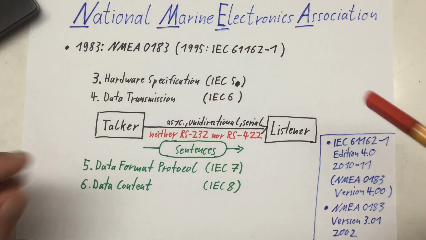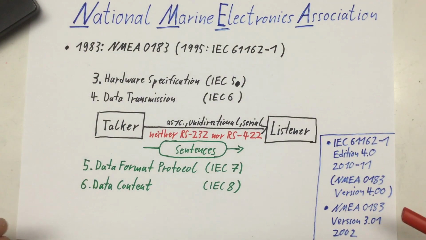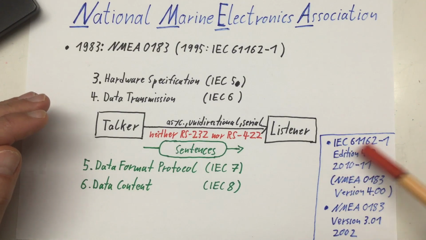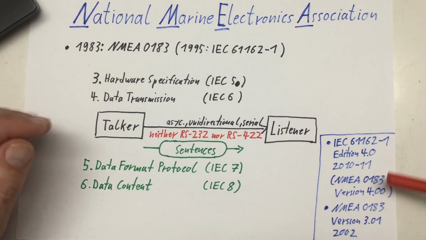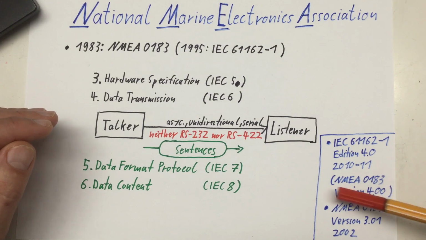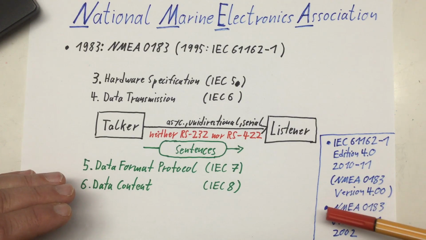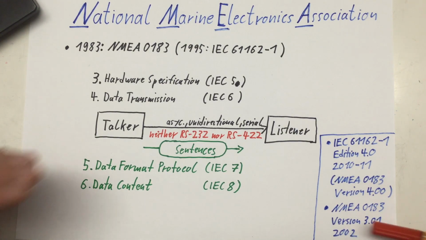Fortunate for you, I do have copies of these standards. I have the IEC 61162 Part 1 Edition 4 from 2010, and that's equivalent to the NMEA 0183 version 4.00, and I also have an original NMEA 0183 version 3.01 from 2002.